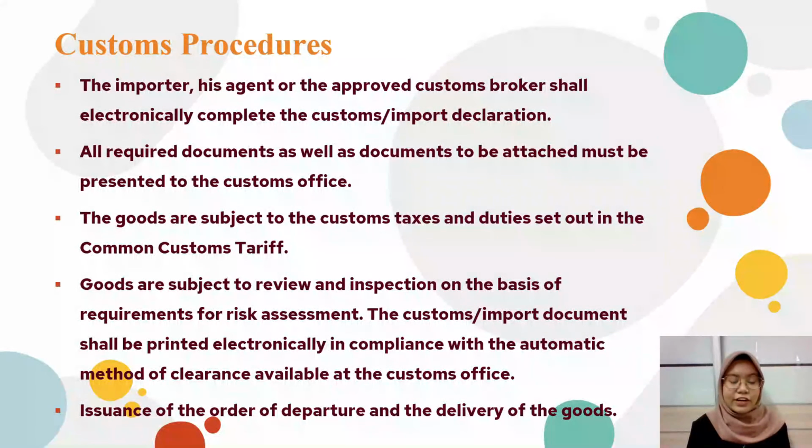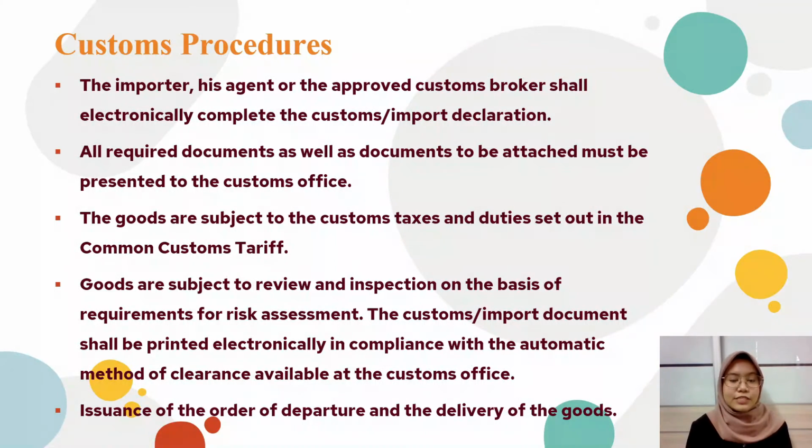Next, there are some customs procedures that should be followed by the importer of Qatar to import oil and gas into Qatar. The first one is the importer, his agent, or the approved customs broker shall electronically complete the customs or import declaration. Second, all required documents as well as documents to be attached must be presented to the Customs Office of Qatar.